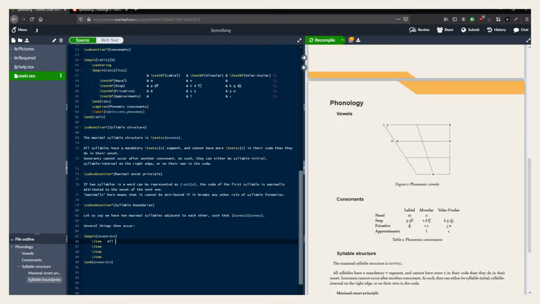All sounds at the edges of the syllables assimilate to the one of the two that is highest in the sonority hierarchy.